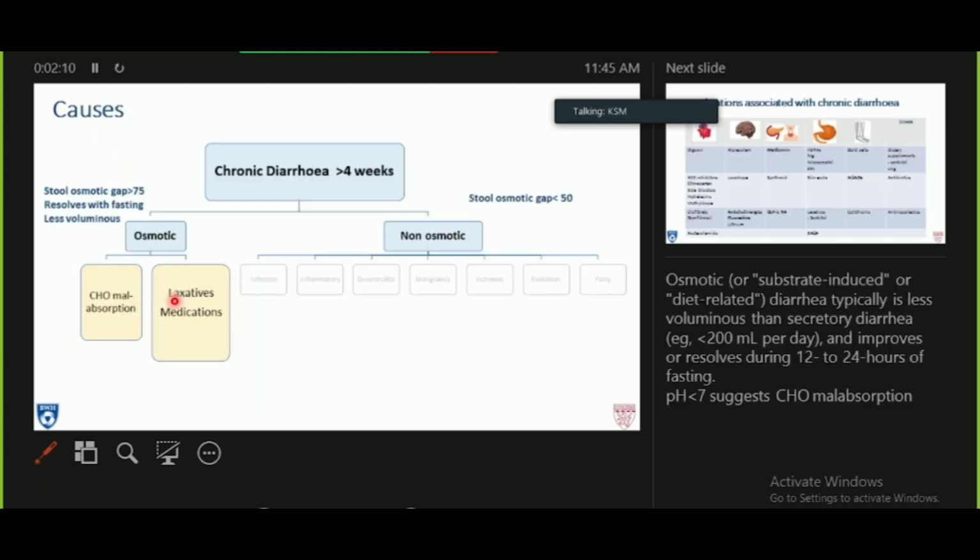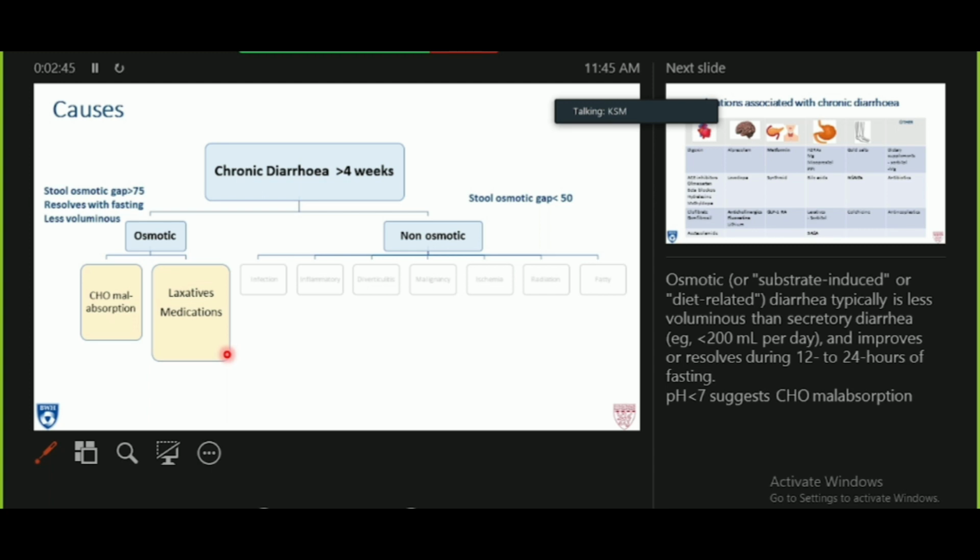We have various ways of stratifying or dividing up chronic diarrhea when we're approaching our investigation and management of these patients. For the purposes of today's talk, I'm going to focus on osmotic and non-osmotic diarrhea. The osmotic diarrhea is really what we call diet-related or substrate-induced diarrhea. This is usually due to malabsorption of carbohydrates, so lactose intolerance is one common reason to have osmotic diarrhea.